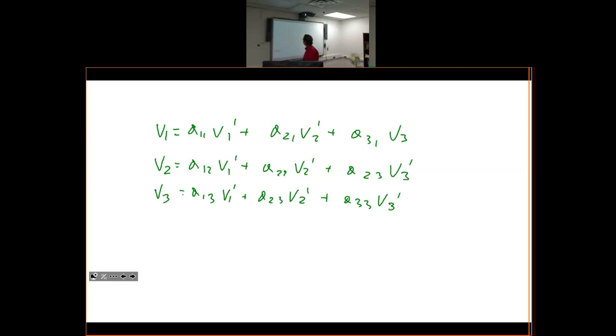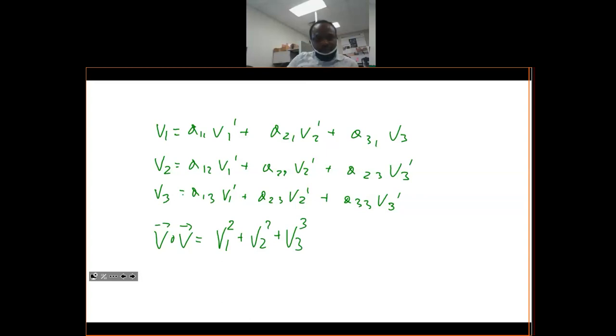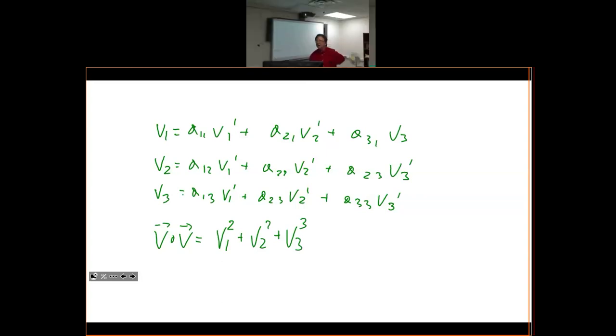Now, if we have vector V defined as we can see here, and we want to take a dot product, we remember that this is V1 square plus V2 square plus V3 square, correct? And this is a scalar. So for a vector in the unprime coordinate system, this is a number, a scalar.